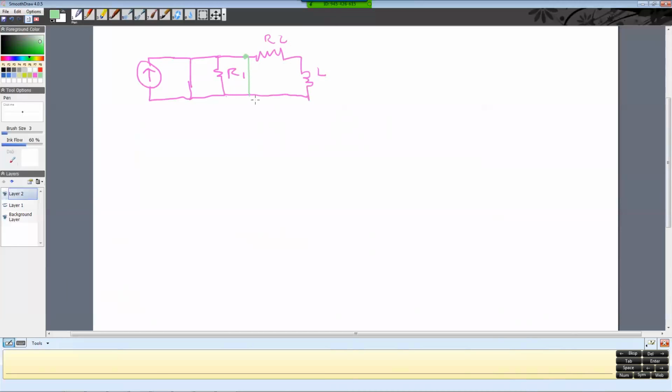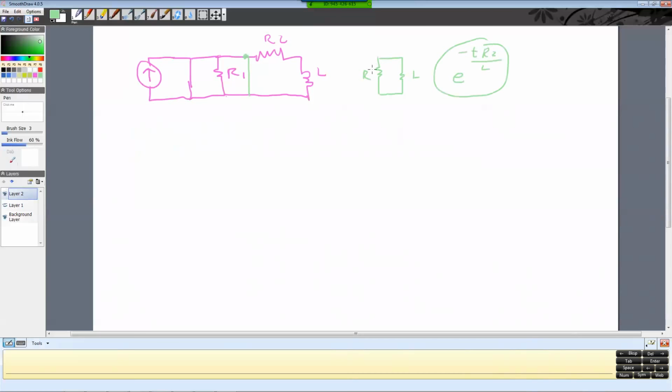And so really I'm going to have R and L. And right from here, you can say, well, I have an R and I have an L, then I have to have exponential decay in there somewhere.